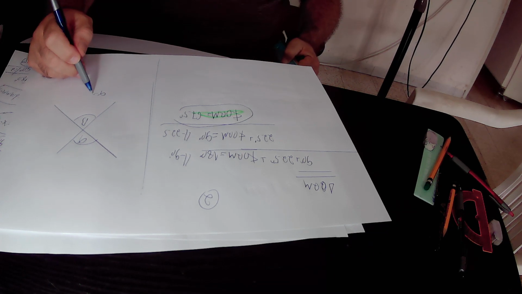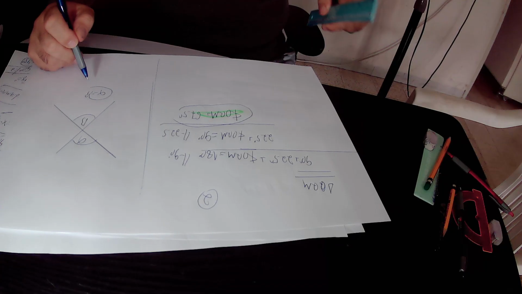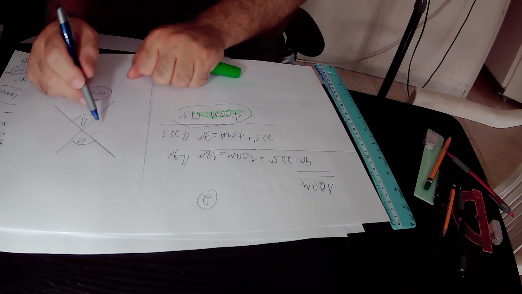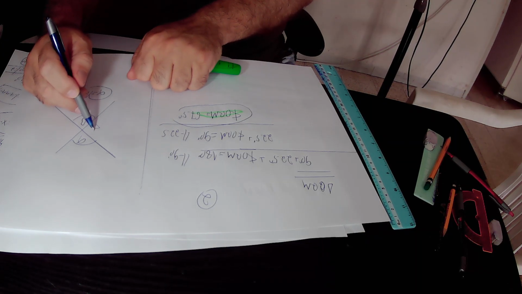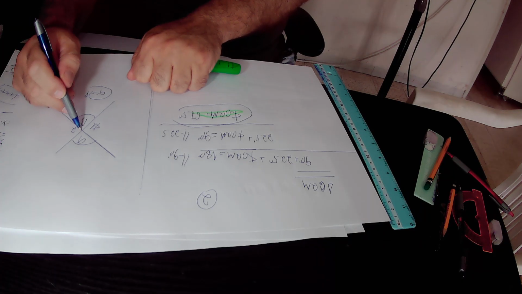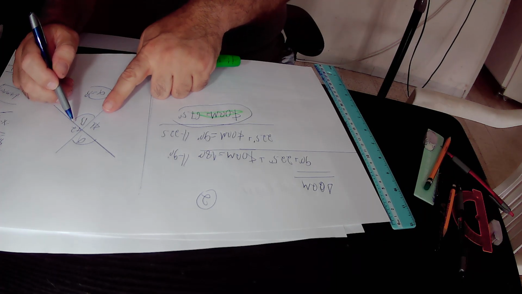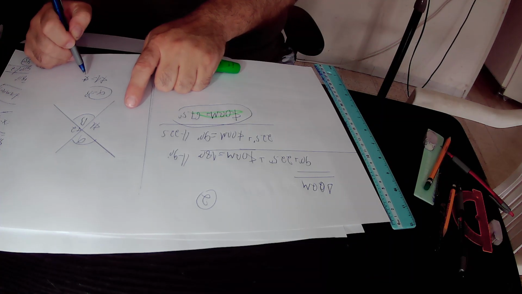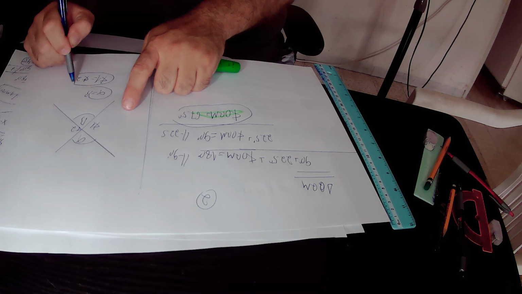So alpha equals beta. Here we have also the other pair of two vertex angles. This is angle 1, this is angle 2. Those are the other two vertex angles that are also equal to each other in their sizes. So angle 1 equals angle 2 because both of them are defined as vertex angles.